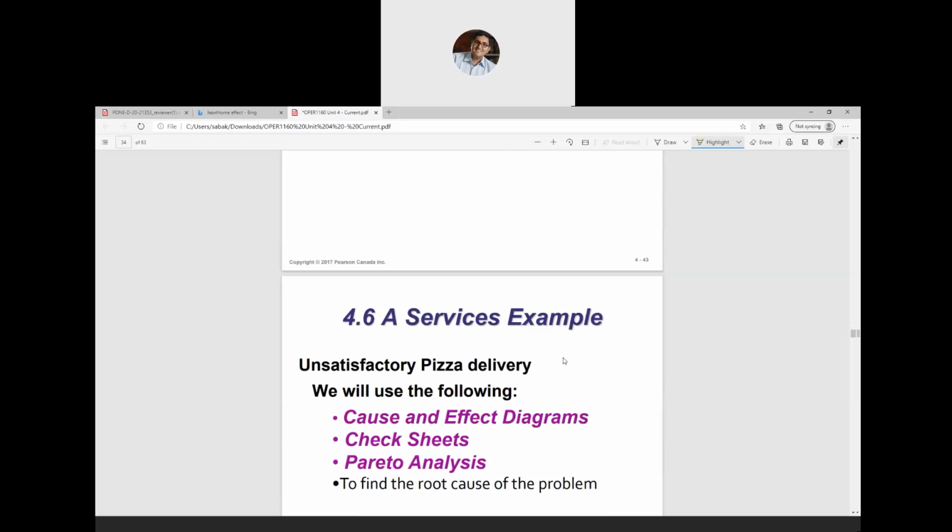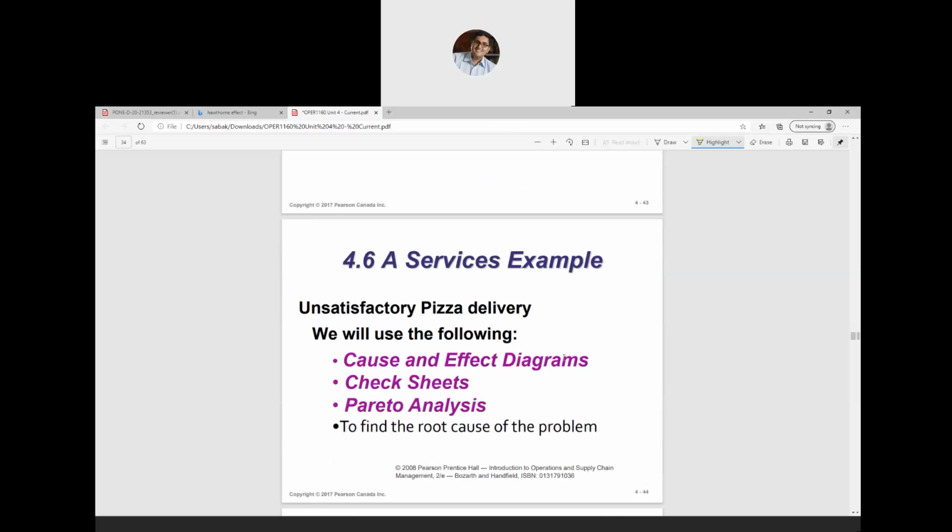So let's think of an example. Assume that you ordered a pizza, and when you got the pizza, you opened it and found that there's some issue with it. So you're not satisfied with the pizza that you ordered online. Our focus is to find out the reason why you are not really happy about that particular pizza.